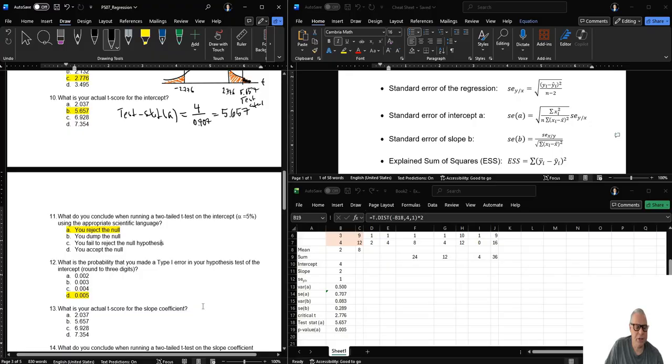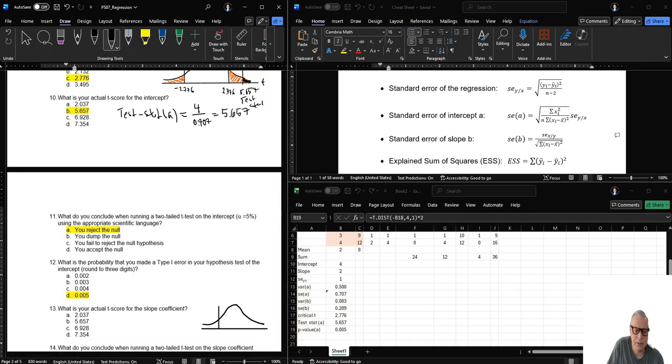Okay, so your actual t-score for the slope coefficient. Now we do the same thing for the slope coefficient. For the slope coefficient, we again assume that we have a sampling distribution. And we still know that our critical t hasn't changed.